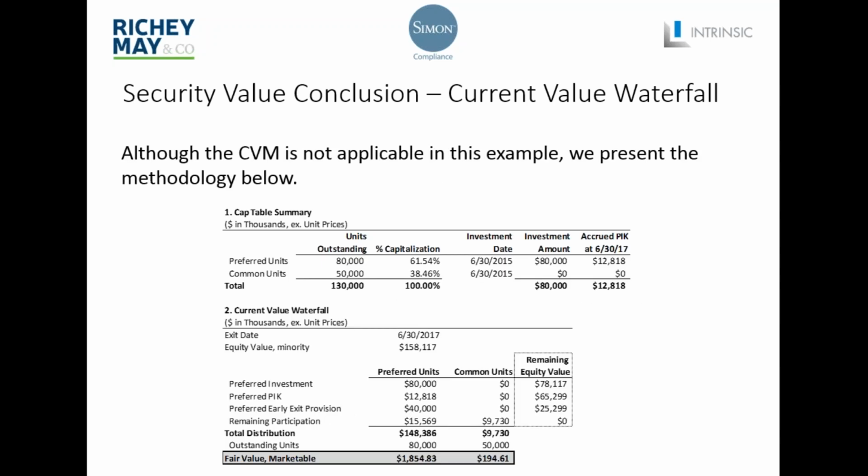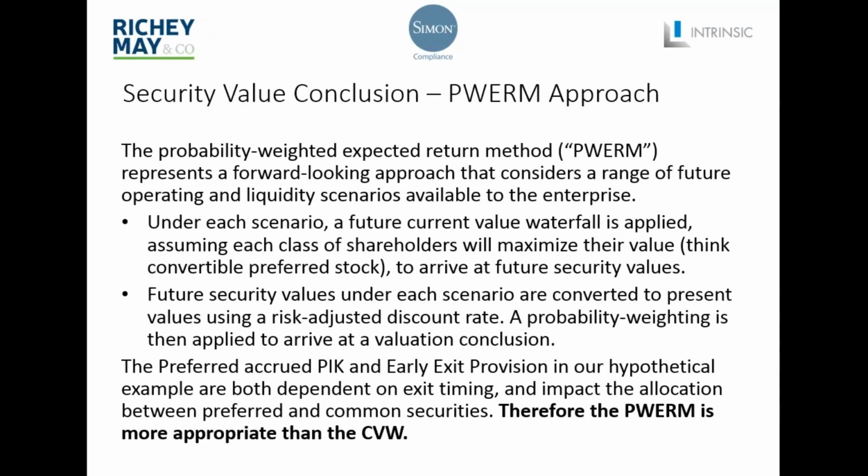And again, we have this example here, but we really wanted to present to everybody this probability weighted expected return model. It's a forward-looking approach that looks at multiple business cases, as well as liquidity cases for the subject company.